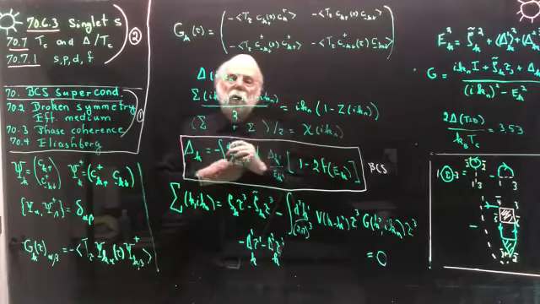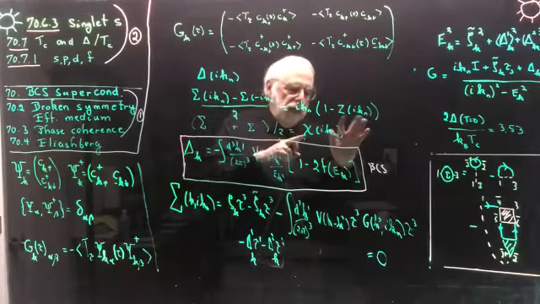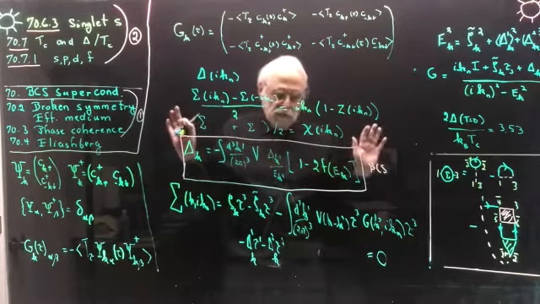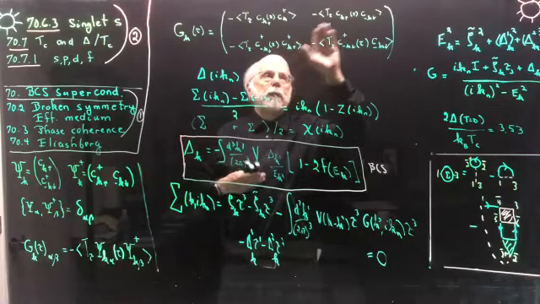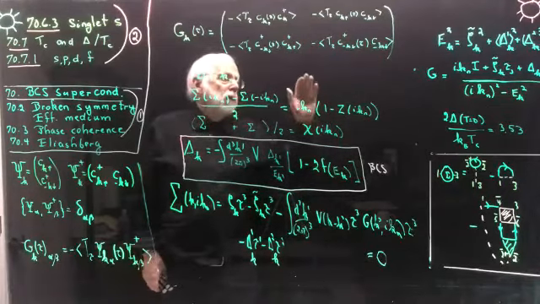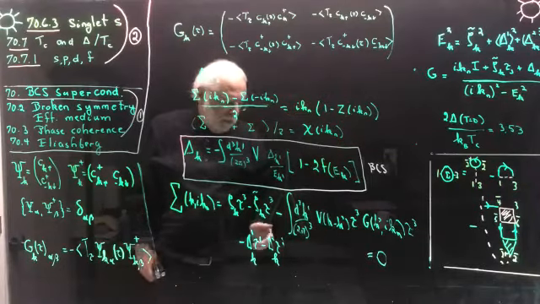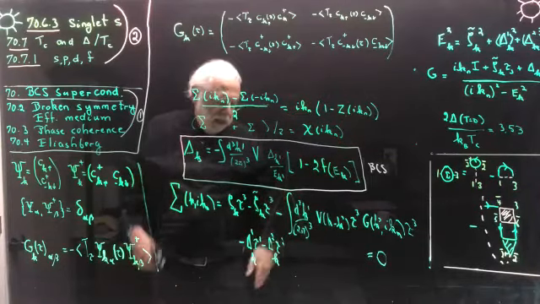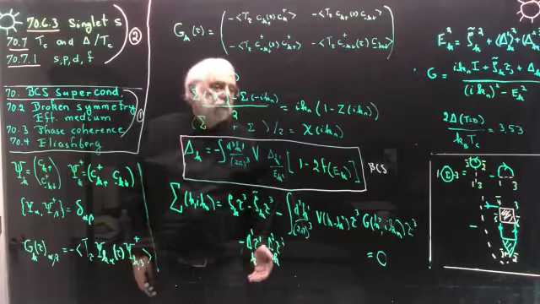So you have 3 unknown functions, delta of ik_n, Z of ik_n, and chi of ik_n. It's only 3 because these 2 are simply related by complex conjugation. And you have the Pauli matrices tau 3, tau 1, tau 2. You get 3 equations out of that.